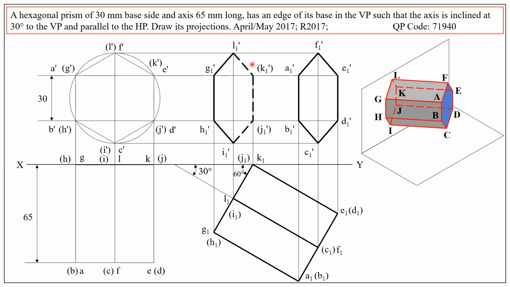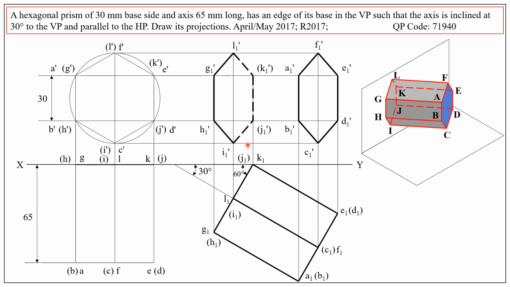K1 dash is invisible, L1 dash is visible, dotted line. Here G1 dash, L1 dash, both are visible, continuous line. Similarly, G1 dash, H1 dash, both are visible, therefore continuous line. So the point is, when you draw a line connecting 2 points, if any one of the points or both the points are invisible, then use a discontinuous or dotted line.